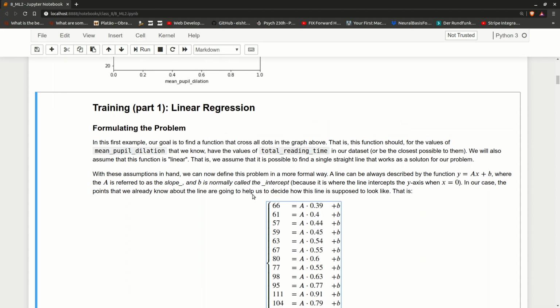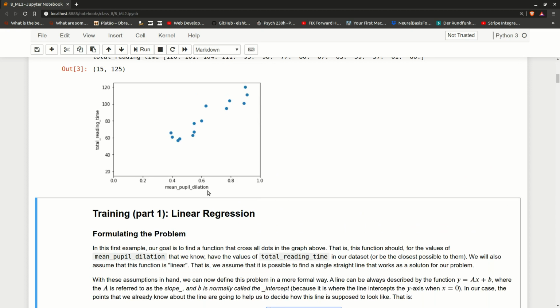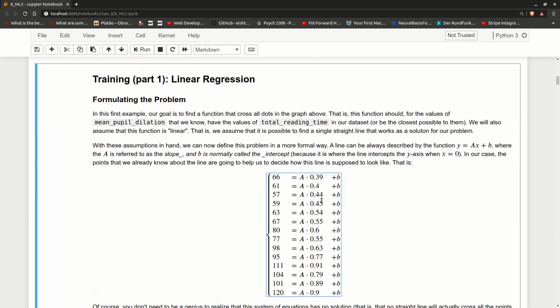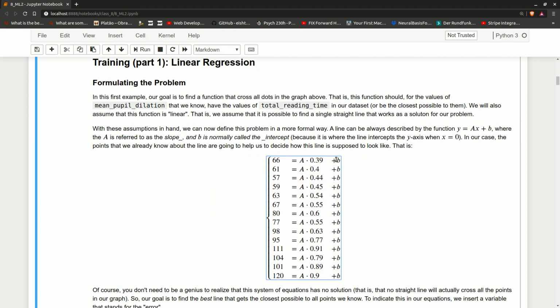But what I wanted to get convinced of here is that it doesn't matter which values I choose for a and b. There is no way for me to find a solution that respects all the equations at the same time.